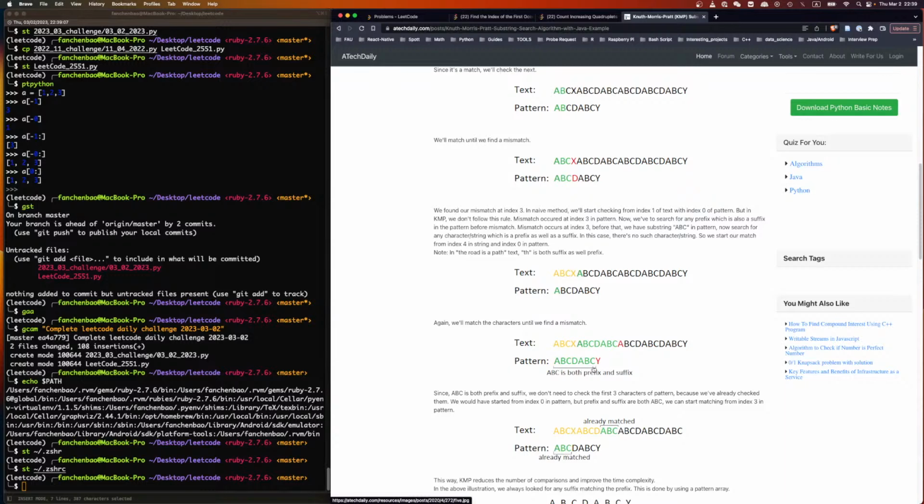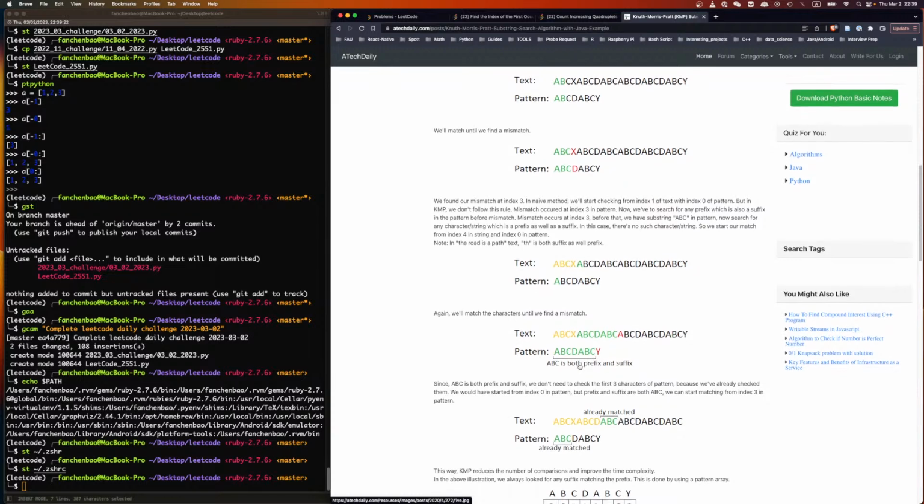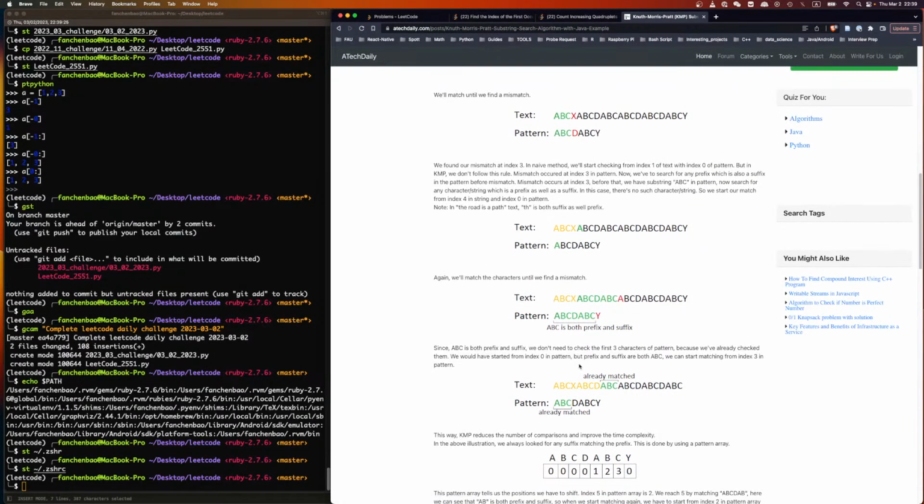And how do we find it? Yeah, now we start comparing this, right? So every time we have a mismatch, we search through the suffix.